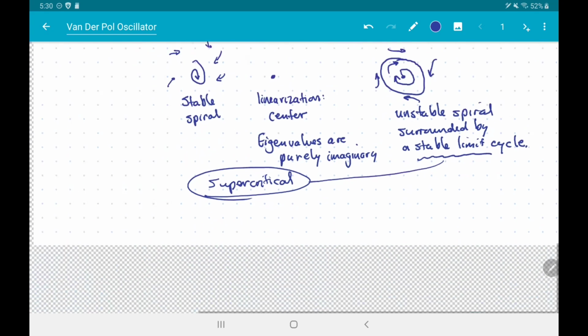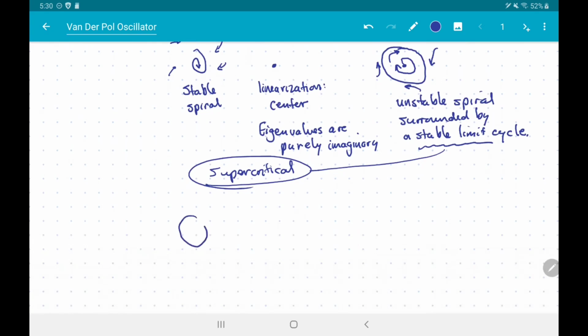Another way to think about this is suppose that you have a stable limit cycle with an unstable spiral on the inside. You can imagine it shrinking until it finally vanishes, leaving a stable spiral where there used to be a limit cycle and a fixed point.